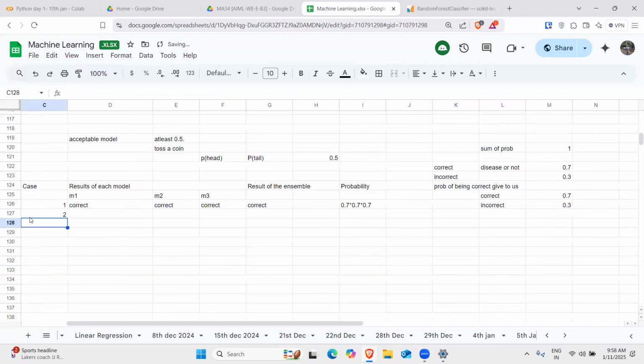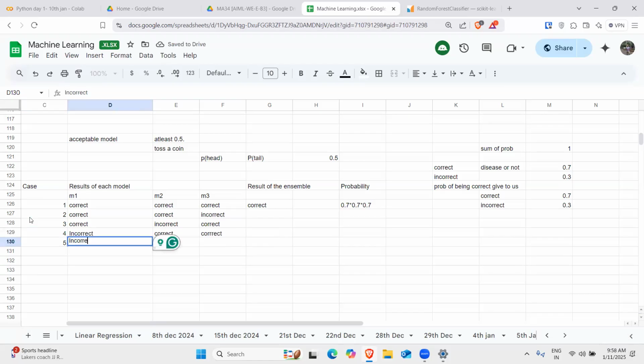Second case now. All possible cases we are just taking out. This time this is correct and this is incorrect. Third possible case is correct, incorrect, and correct. Fourth is incorrect, correct, correct. Fifth is incorrect, incorrect, correct.